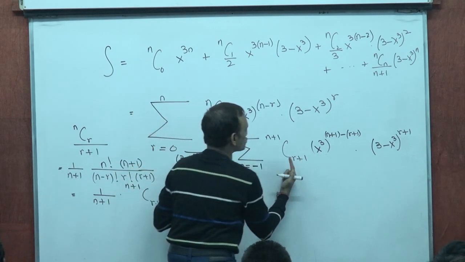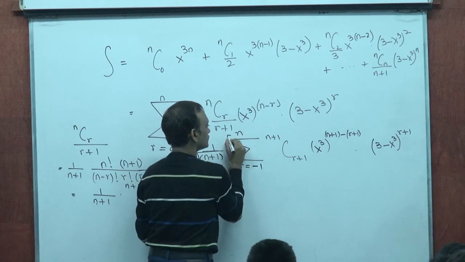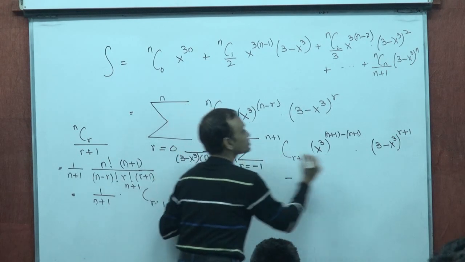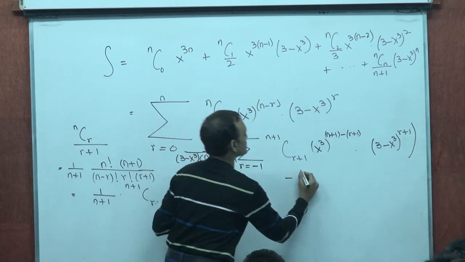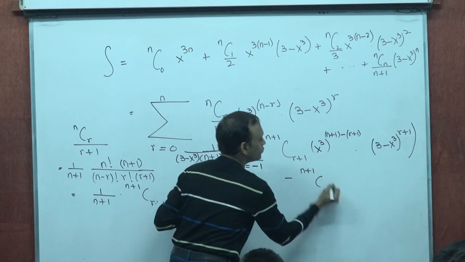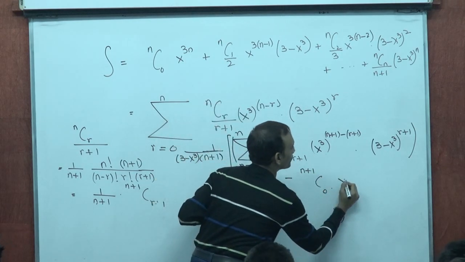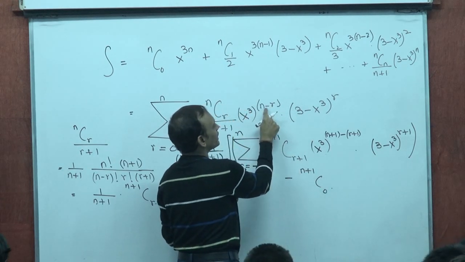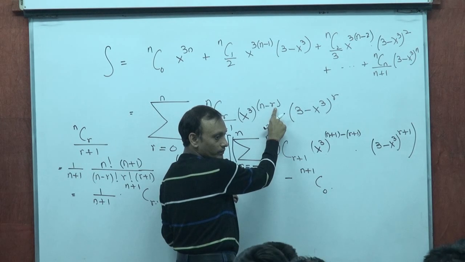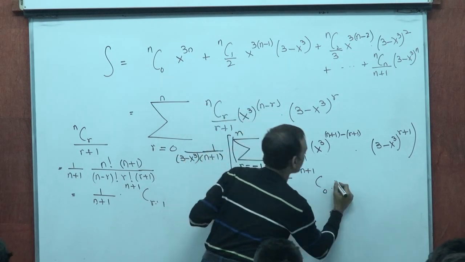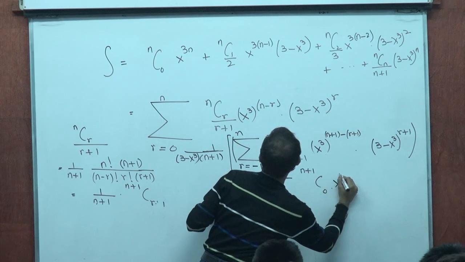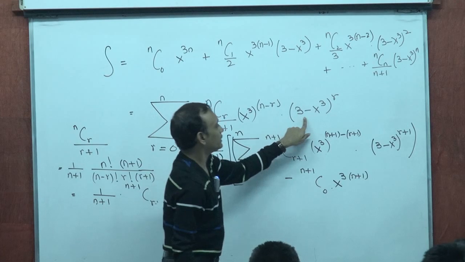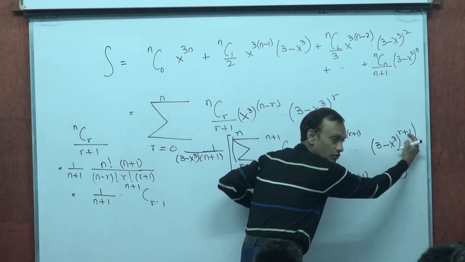The term that corresponds to r = -1, outside this summation, is (n+1)C0. r = -1 means this will become n + 1, this will become n + 1, and this will become to the power 0.